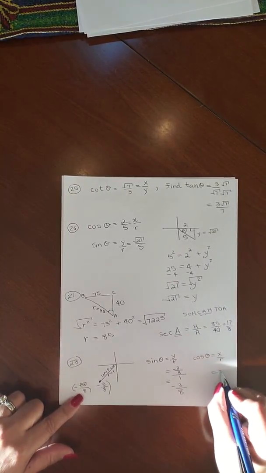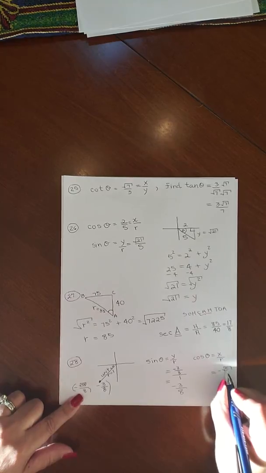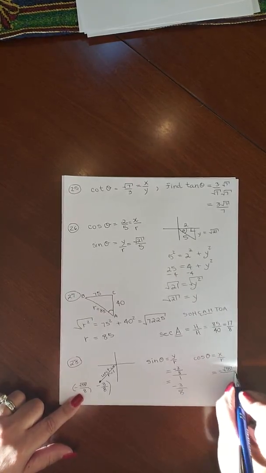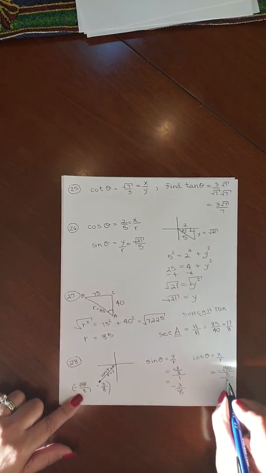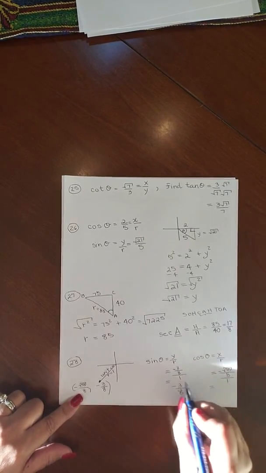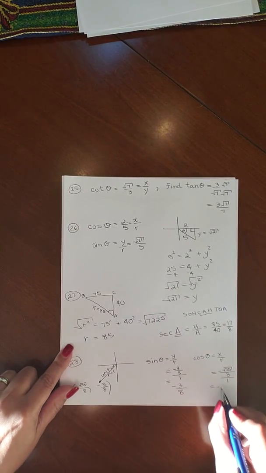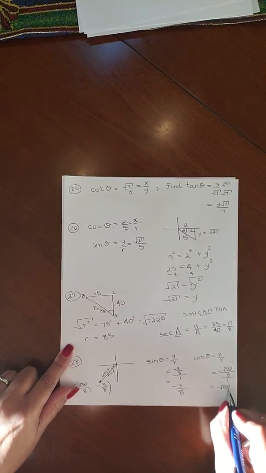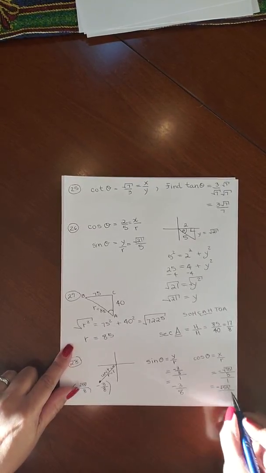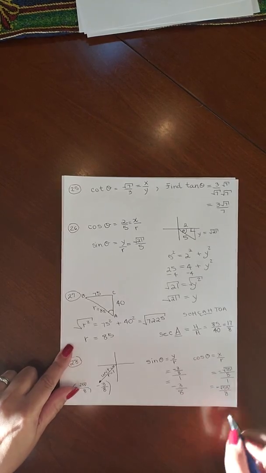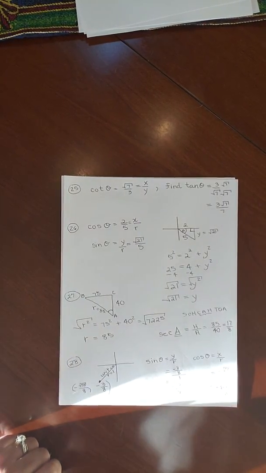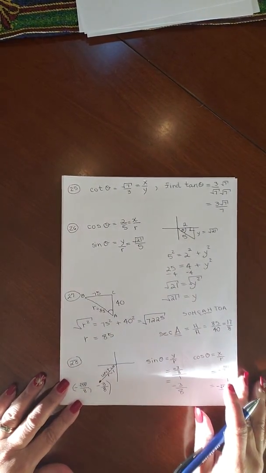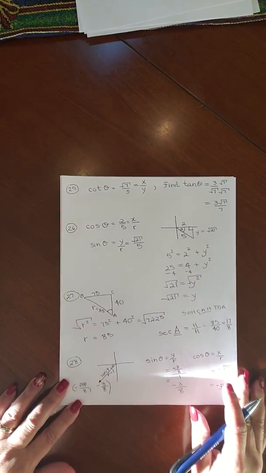It's just the x coordinate they gave you divided by the r value. And I don't care if you show this step right here, because it's obvious that you could do that in your head. Okay, and there's the cosine. Okay, that gets us all the way up to 28.